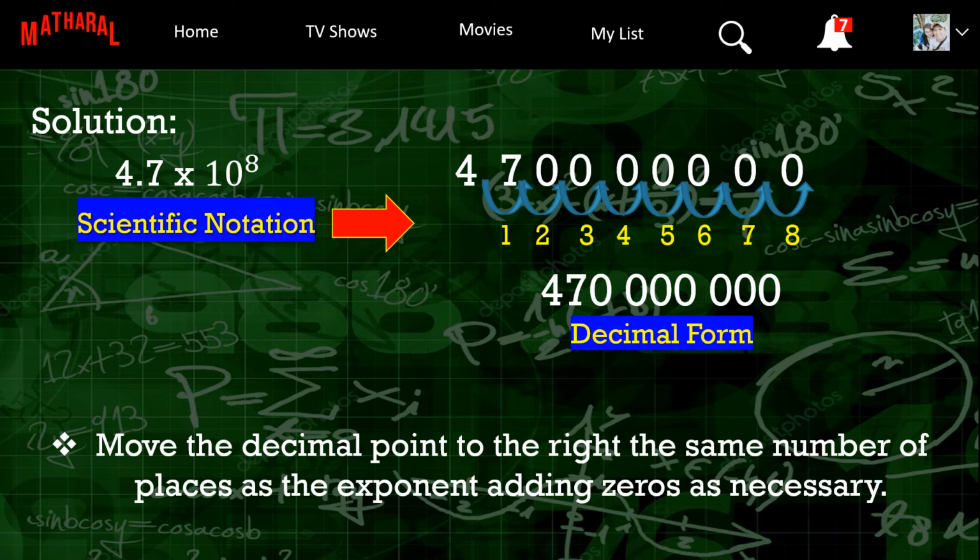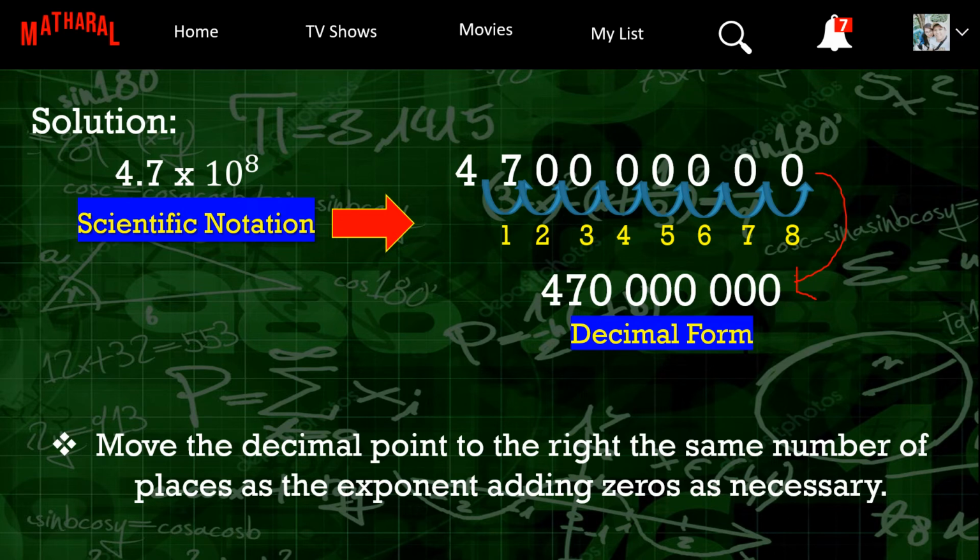And then, we add zeros. We add zeros to the vacant decimal places. Be sure that they line up. Now, since we were able to add zeros and convert 4.7 times 10 raised to 8 power from scientific notation, all we need to do is simplify this.